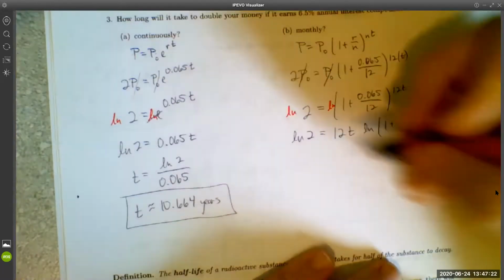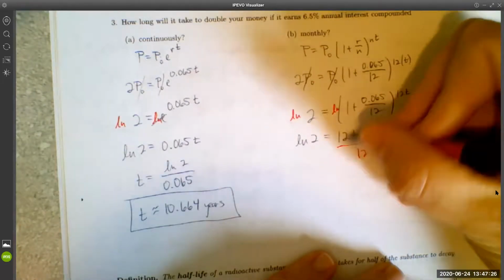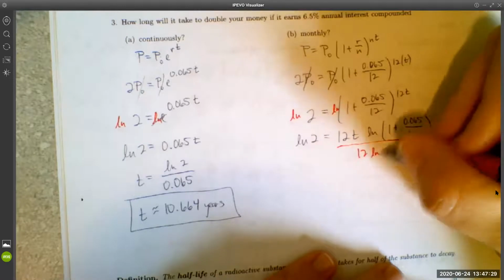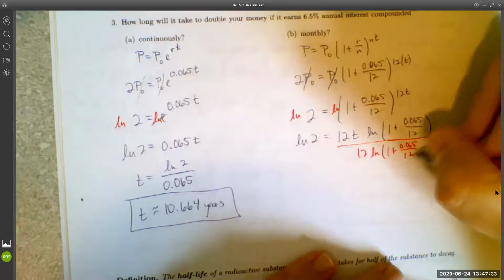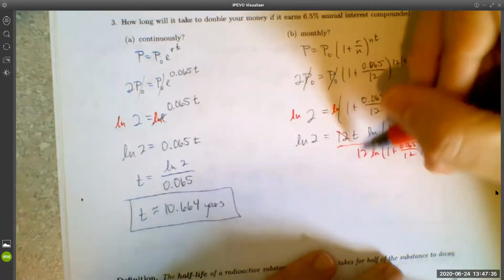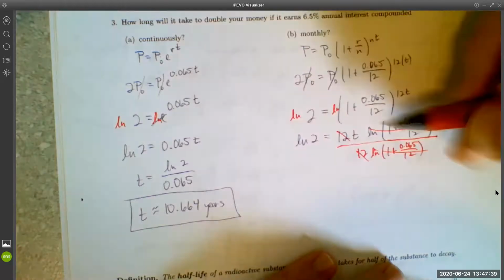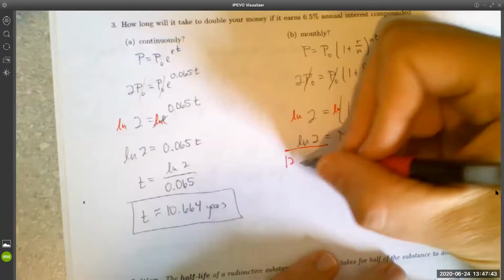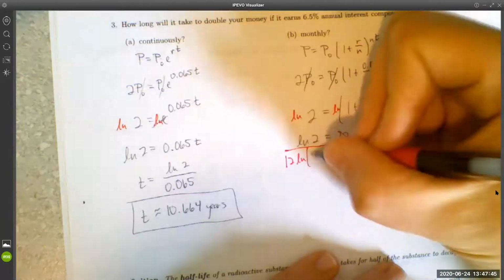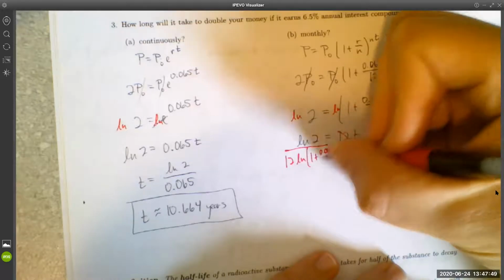So I need to finish by dividing by 12 and ln of 1 plus 0.065 divided by 12. These things will cancel and just leave me with t. If I do that on the right-hand side, of course, I've got to do that on the left-hand side: 12 ln 1 plus 0.065 divided by 12.